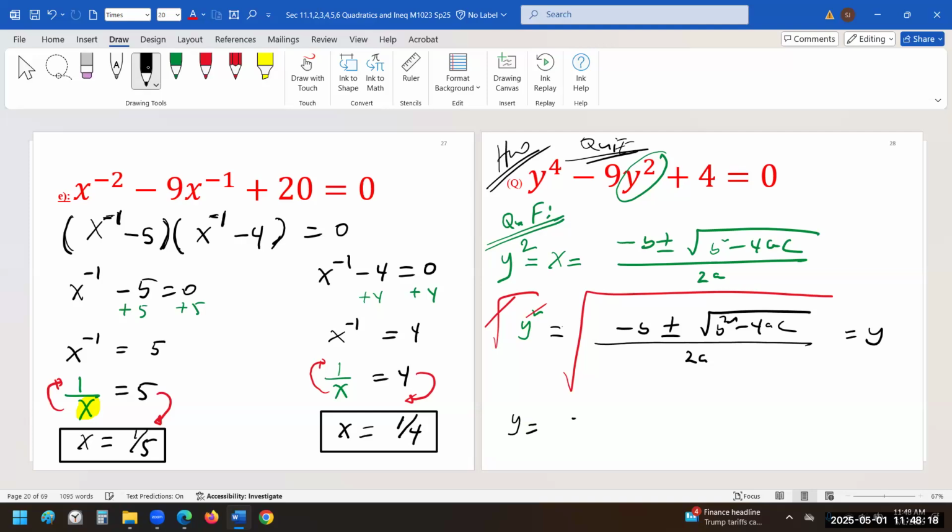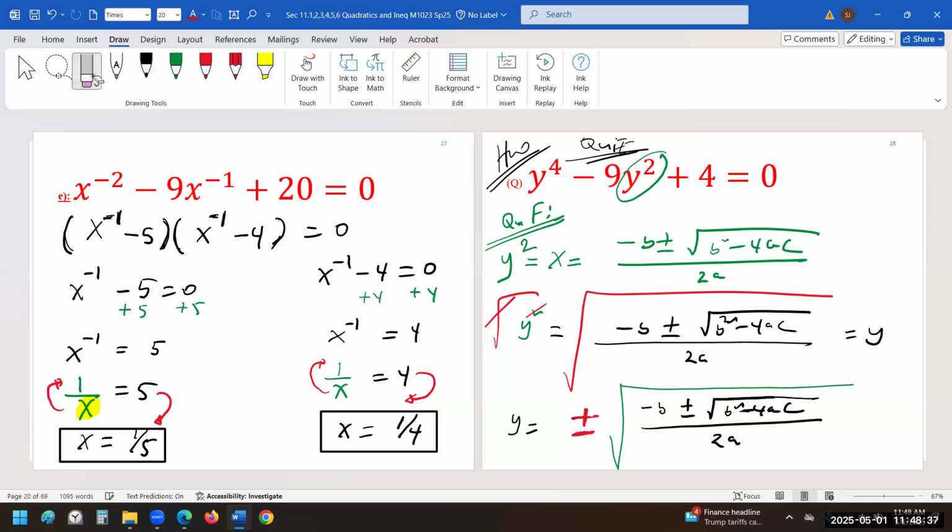So y equals plus minus square root of negative b plus minus square root of b squared minus 4ac, the whole thing over 2a. So this should be the final answer.